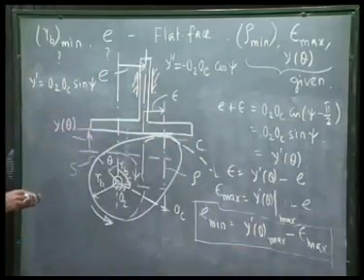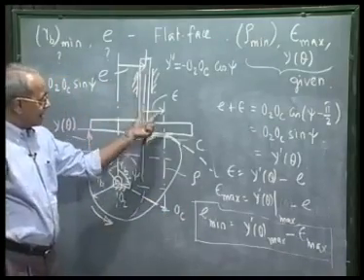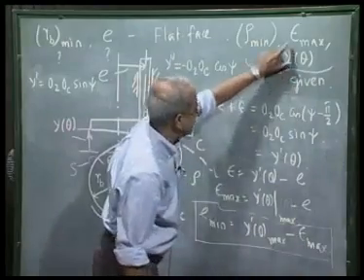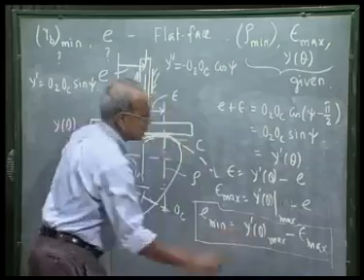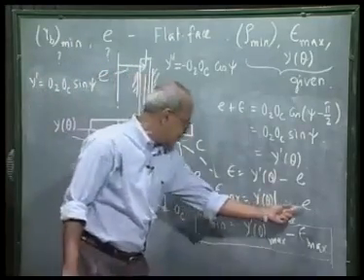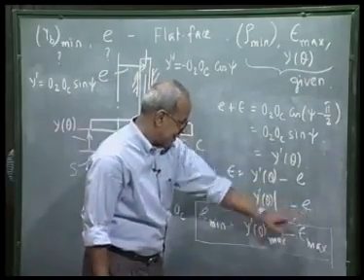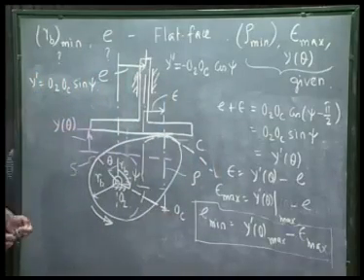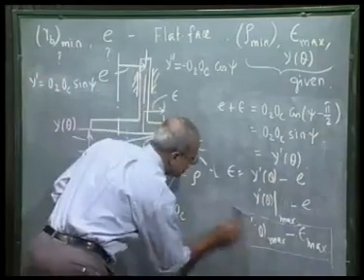This equation determines the minimum value of the offset that has to be used, so that epsilon never goes beyond this epsilon max, which is prescribed. We have to only see what is the maximum value of y prime theta. As you see, if any lower value of E is used, then epsilon max will be more, because this is minus E. So this is the minimum value of offset. So we have got both the relations, minimum value of RB and minimum value of the offset.